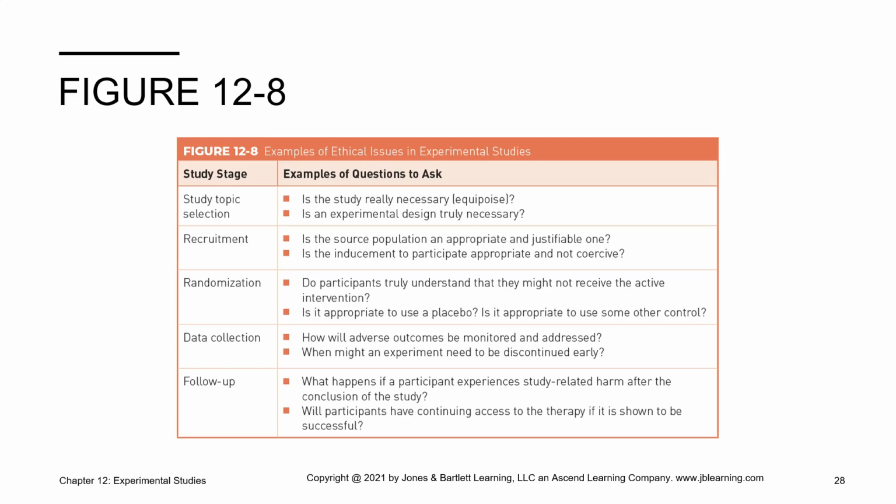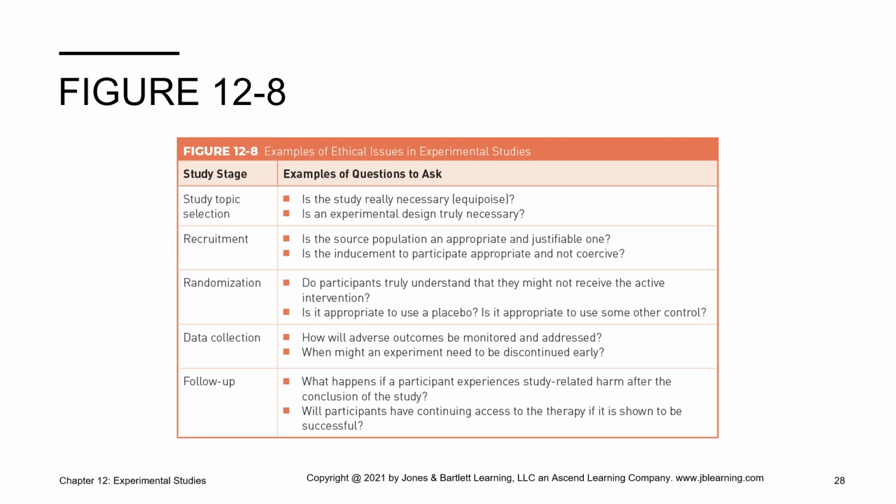And so figure 12.8 goes over some examples of ethical issues in experimental studies by study stage, and it has some different example questions to ask. So we'll just go over the first one, and then you can go over the rest on your own time. So when selecting the study topic, you want to think about, is the study really necessary, right?